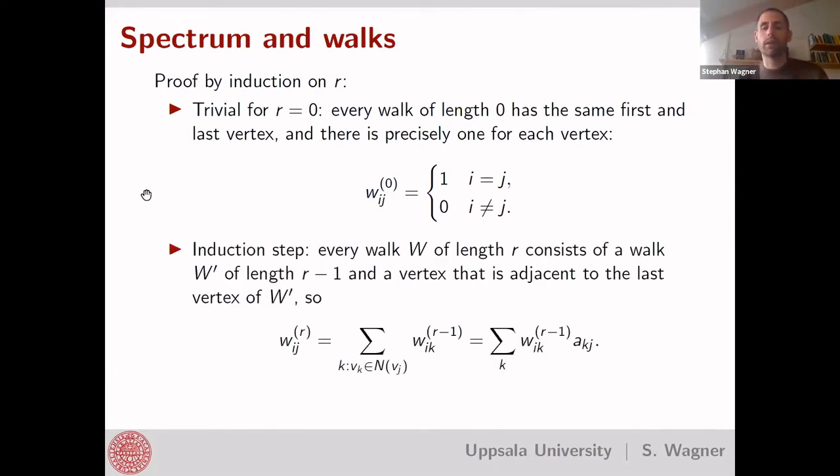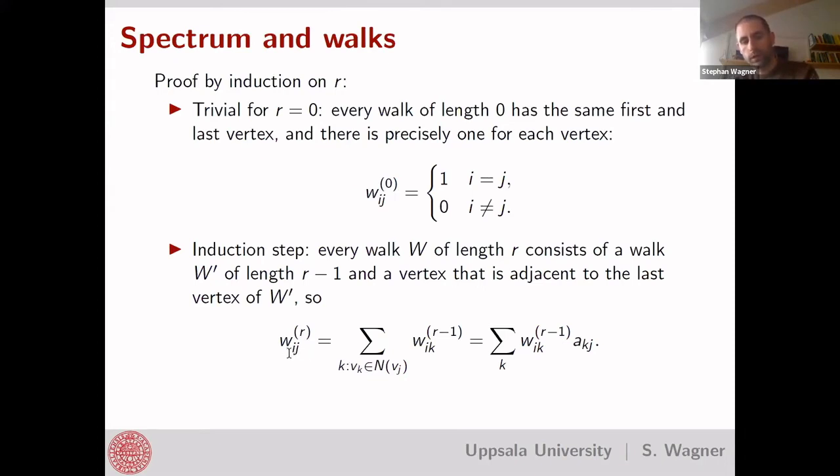And then for the induction step, you simply note that every walk of length r can be broken up into the walk of length r minus 1 up to the second to last vertex, and then a final jump from the second to last vertex to the last. And of course, the second to last vertex and the last vertex have to be adjacent. So we can do it like this.